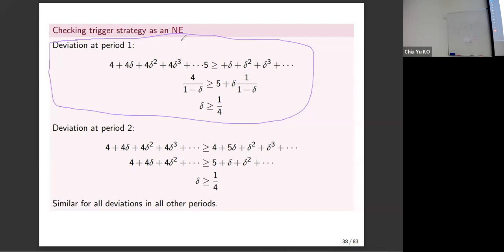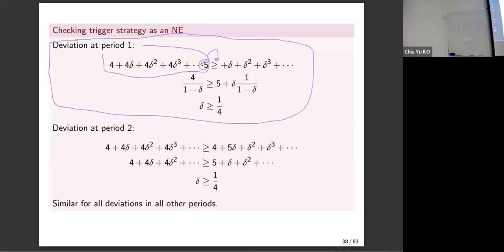Suppose the other guy is doing C, collaborating. You keep collaborating, you get 4 forever, which is represented by the left-hand side. This 5 should be on the other side, sorry. Obviously a typo, right? So you get 4 forever.